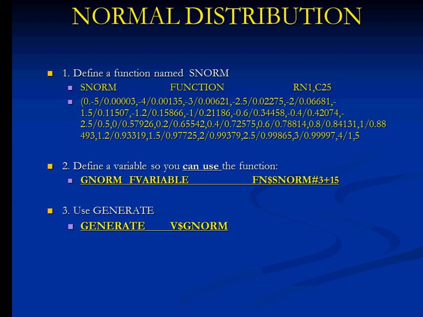So to use it, we can use it in a GENERATE or in an ADVANCE. In this case, the name of the variable that we are going to use is GNORM. To establish that we are using a variable, we first define the V before the string character or the money sign, and after this character we use the name.